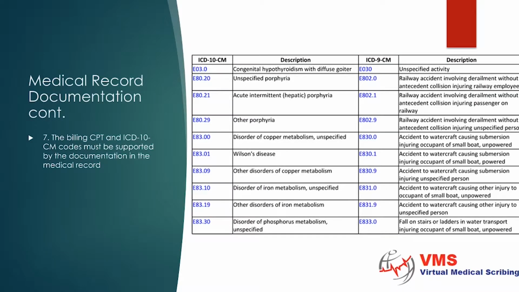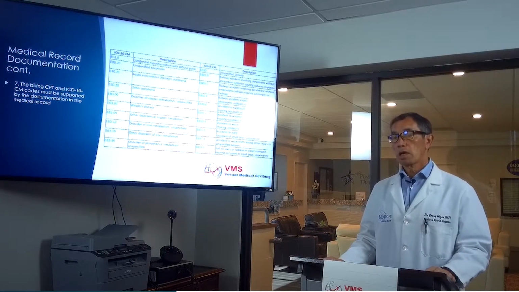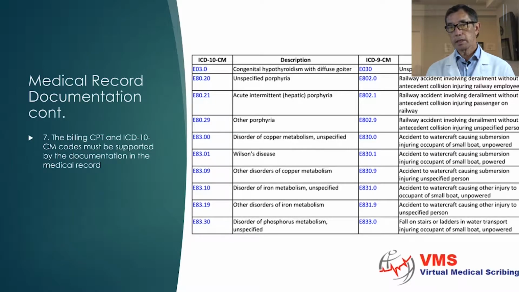There are a lot of codes that are used in medicine, and the two main divisions of the codes that you may be asked to document and the provider may tell you about are the ICD-10 codes, which are the diagnostic codes, and the E&M codes, which are called the CPT codes.